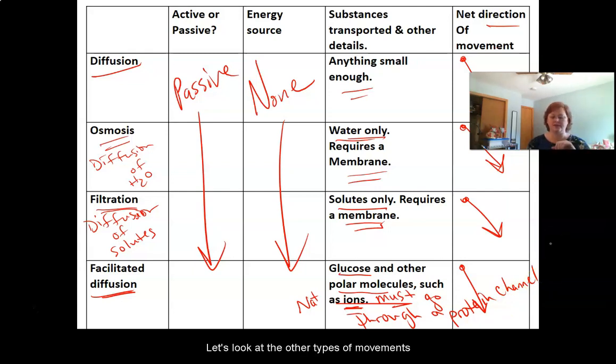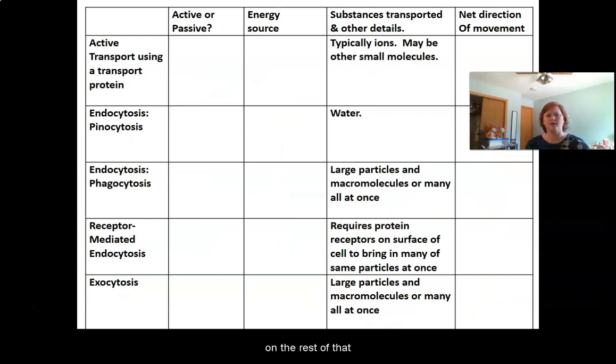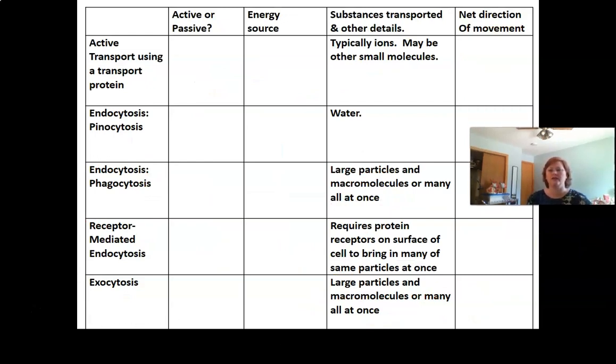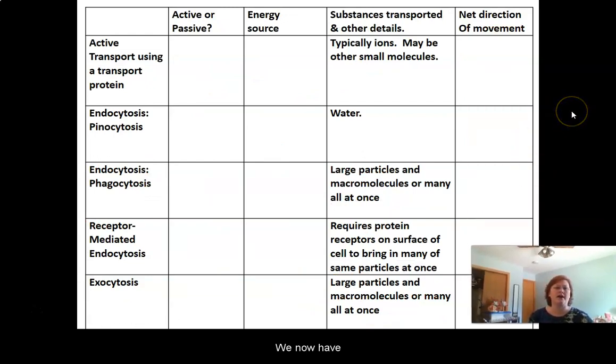Let's look at the other types of movement. On the rest of that worksheet, we now have active transport using a transport protein, endocytosis, specifically pinocytosis, endocytosis, specifically phagocytosis, receptor-mediated endocytosis, and exocytosis.